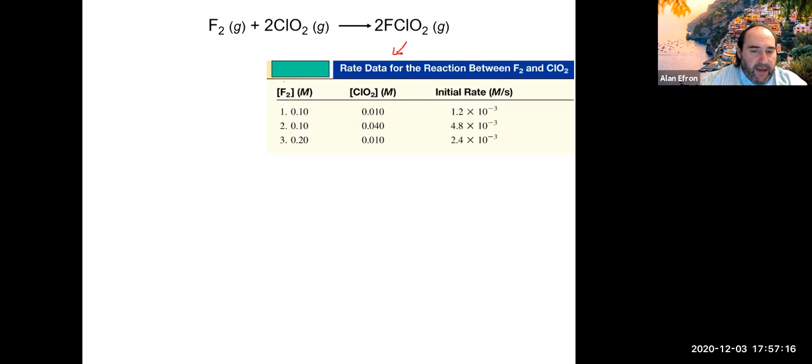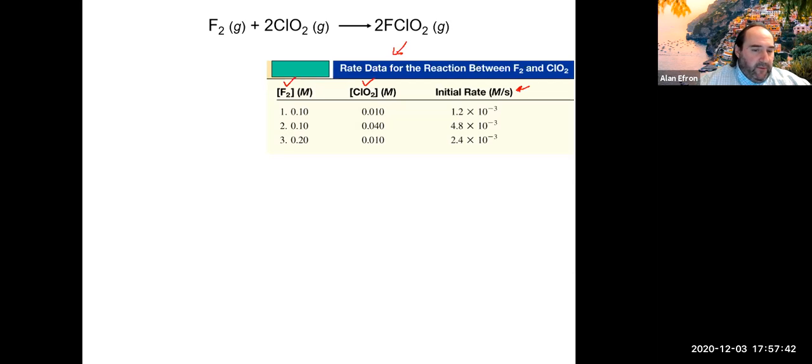Here you can see the concentration of one reactant and the concentration of the other reactant, and through an actual experiment, they were able to figure out what is sometimes referred to as the initial rate. So if we wanted to figure out what the actual rate law is, and maybe the value of the rate constant, we could use this information to do that.